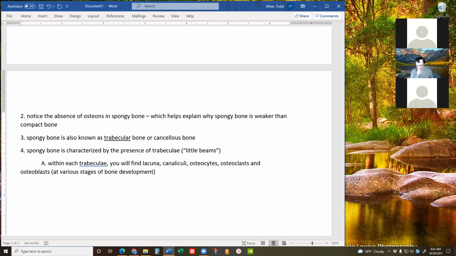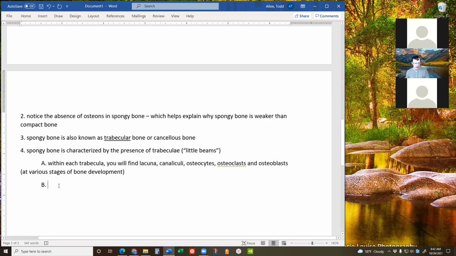Okay. All right. Now, there's an important idea here. We talked about the structure of a long bone last time. We made some fairly extensive notes about that. And we mentioned the medullary cavity, right?